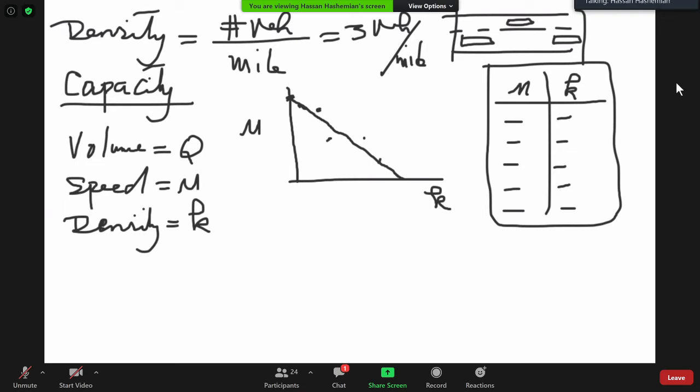That means there is no car on the roadway except your car. So you can go pretty much any speed, the maximum speed, and we call that mu sub f. So mu sub f is called free flow speed.